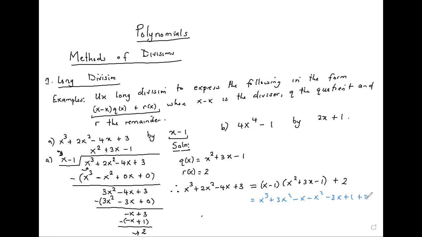So if we add those, we get x3 and then plus 2x squared and then minus 4x and then plus 3, which is our question. This was just to check. This was verification.